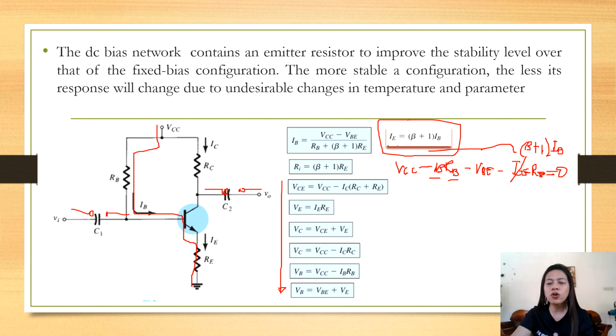So with that, we can conclude, okay, we can isolate the IB to the other side, or let's just have it remain, or for simplification, all right, so we can do VCC minus VBE.